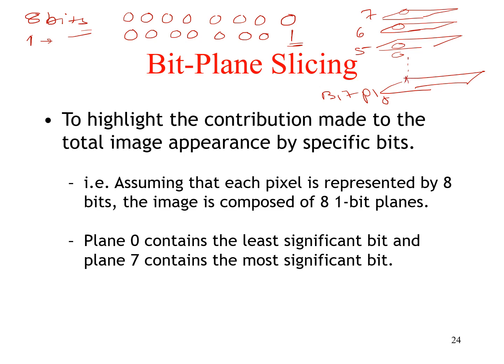If I combine all the LSBs of the image, I'll get the 0th plane, then all the first bits give the first plane, the second bits the second plane, the third bits the third plane, and all the MSBs of the image pixels give the 7th plane. So plane 0 contains the least significant bit and plane 7 contains the most significant bit.